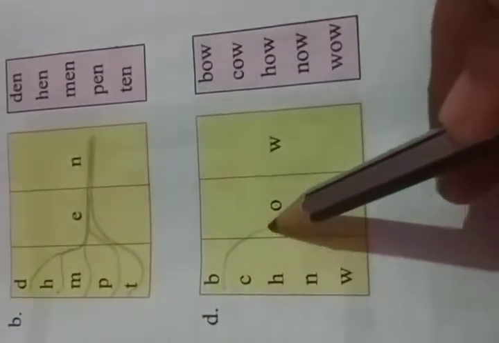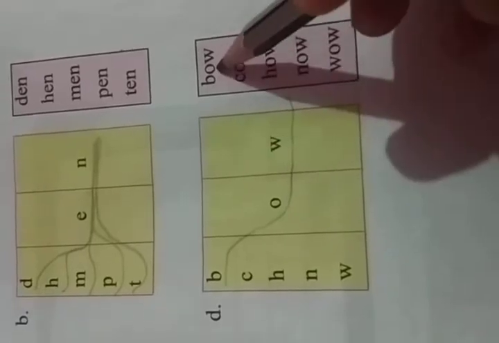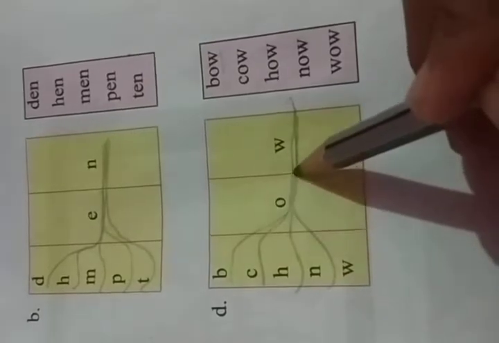Okay, now see next, that way only. Okay, B-O-W, bow. In this last column, the 2 letters we want to write at last, and this letter we want to start that word. Okay, C-O-W, cow. H-O-W, how. N-O-W, now.